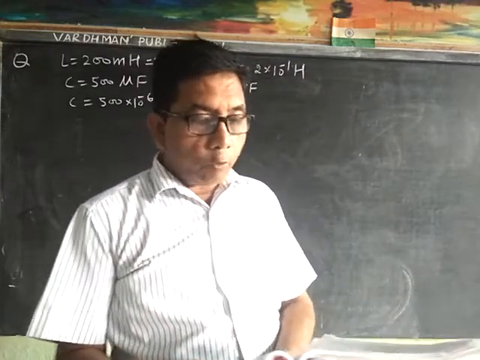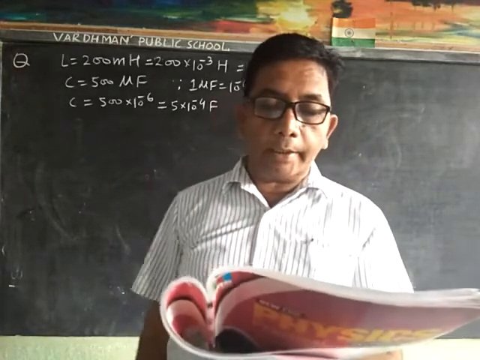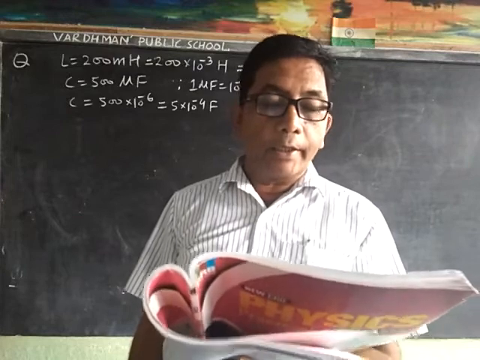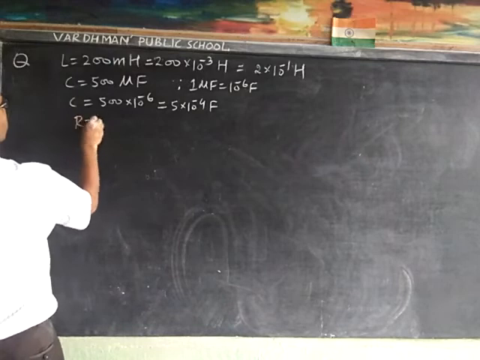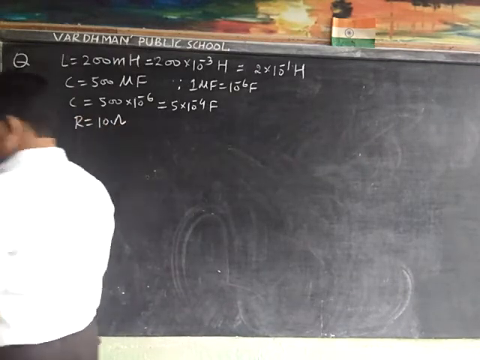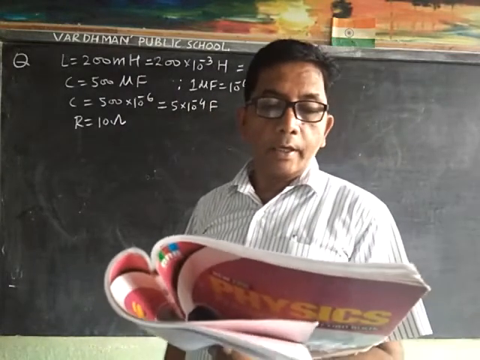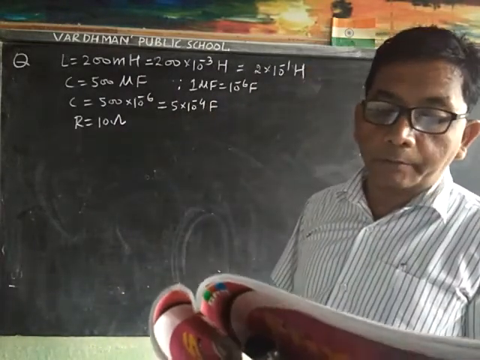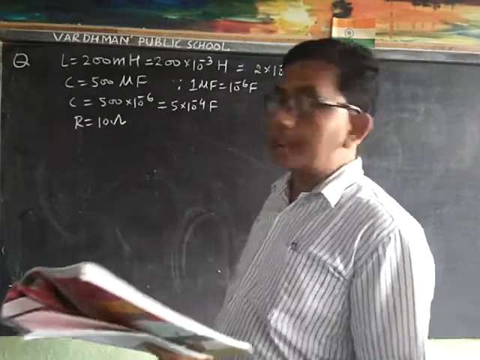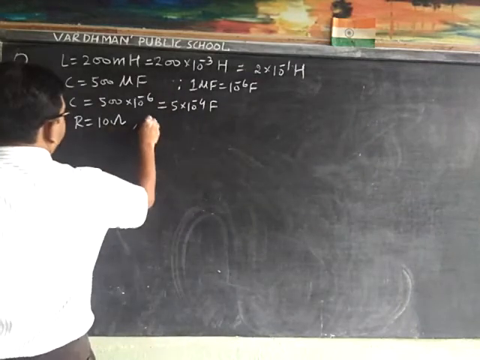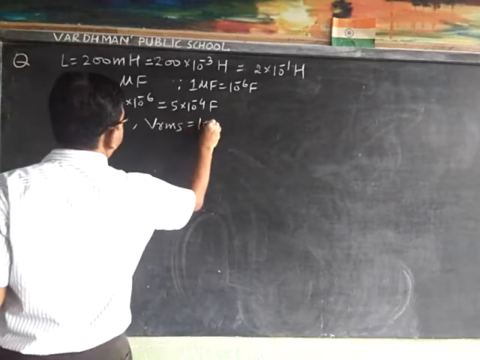A 10 ohm resistor, an inductor of 200 millihenry, and a capacitor of 500 microfarad are connected in series with a 100 volt variable frequency AC source, that is VRMS is 100 volt.